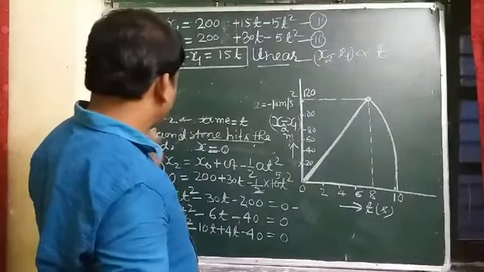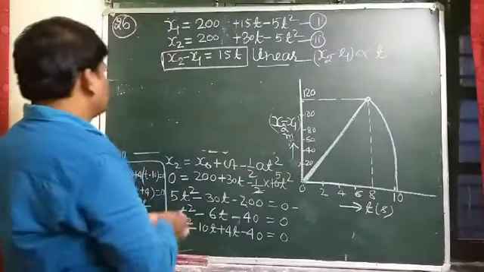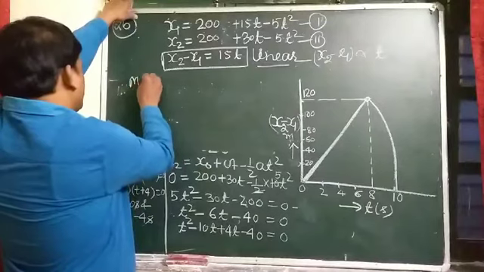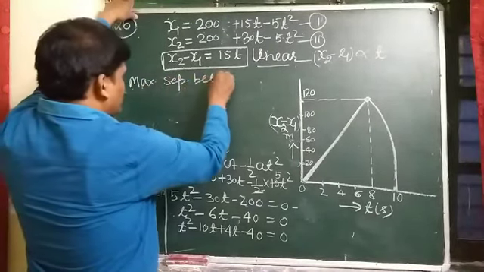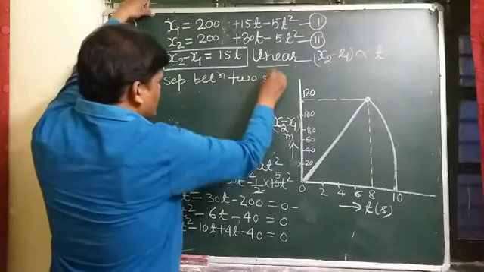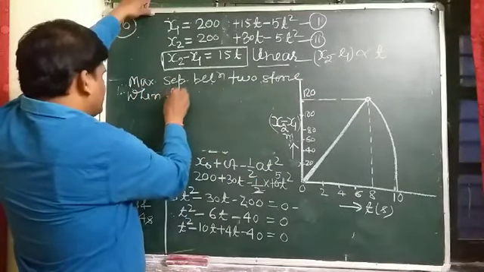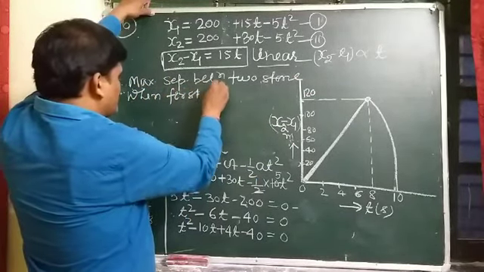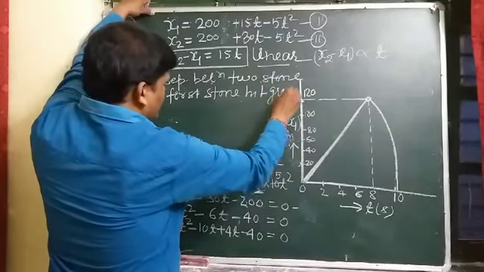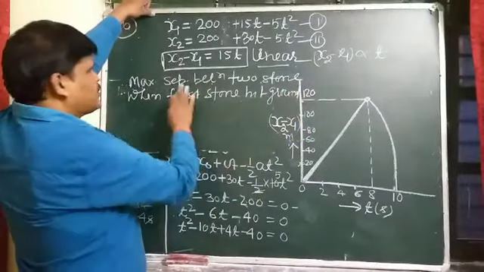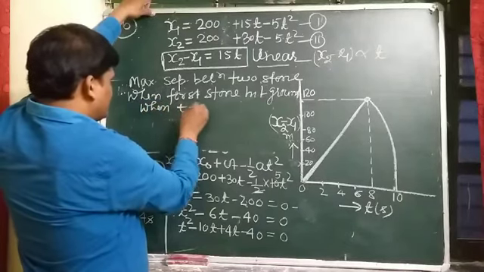Maximum separation between two stones is when the first stone hits the ground, and the first stone hits the ground when t equal to what? 8.